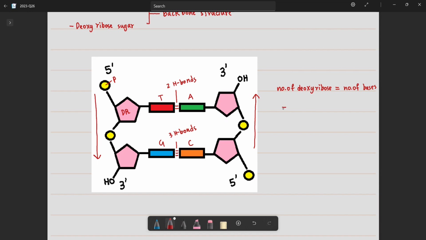And at the same time, the total number of deoxyribose sugars is equal to the total number of phosphate groups.